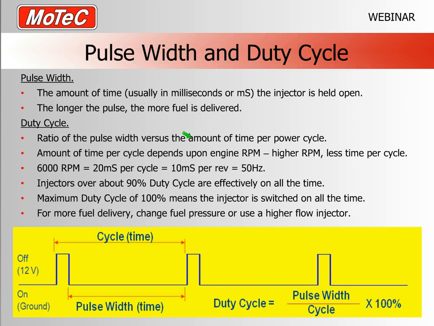At that stage, the only way to get more fuel delivery is to use a different injector with higher flow or to increase the fuel pressure. So that's why the term duty cycle is critical. When we approach, say, 90 to 95% duty cycle, it means we are running out of available fuel, and from that point on we may see leaner mixtures than we need.